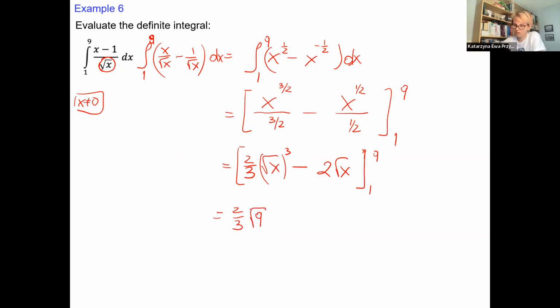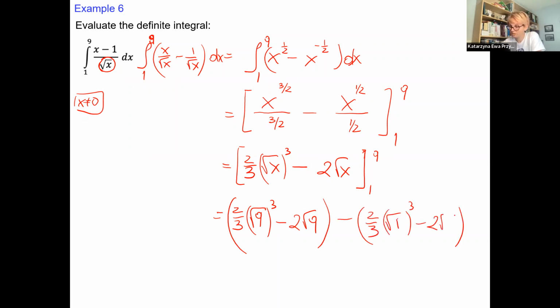When we put square root of 9 cubed, and now let's see square root of 1 cubed. Yes, we have to replace all of the variable with the upper limit and all of the variable with the lower limit: 9 and 1. I hope I did it correctly, because x to the power of 3/2 is the square root cubed.